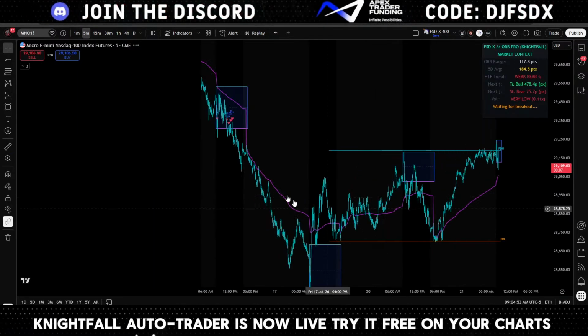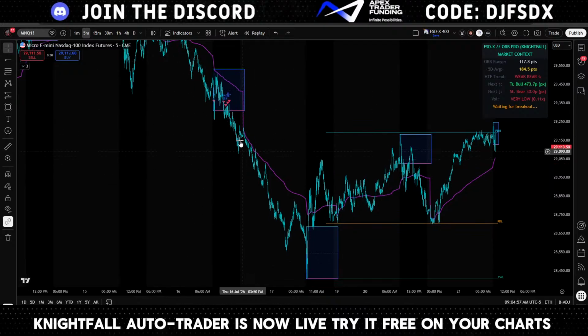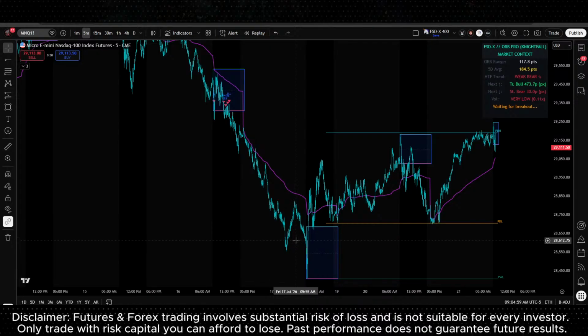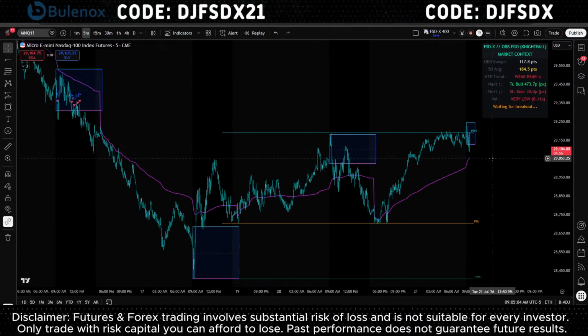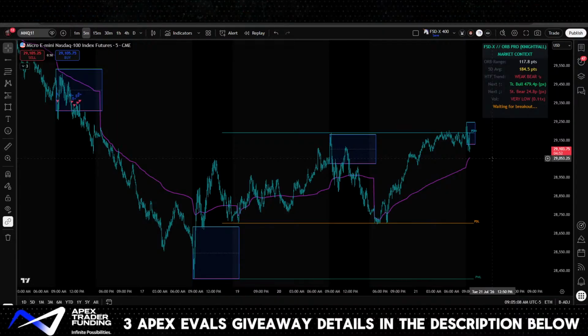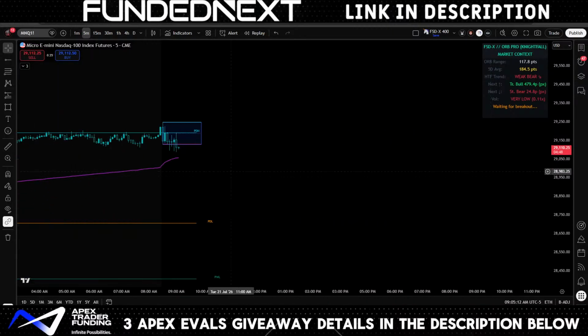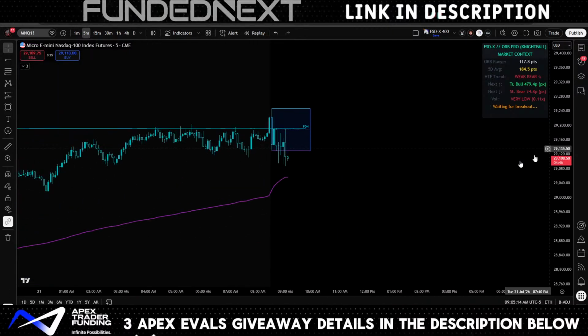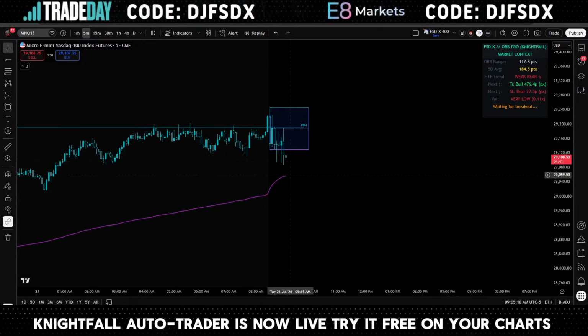Well, I think because you have this big move, right? Big move, and then trying to recover from the move. I don't know. Well, no, it didn't really break out. This is the first breakout right here.